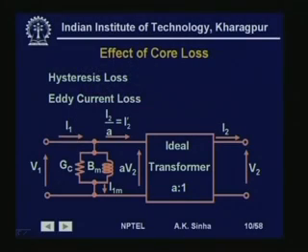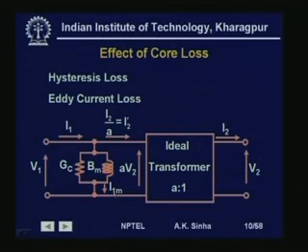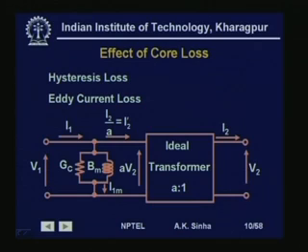Therefore, instead of R C, the resistance, we are writing this as conductance G C to take care of the core losses, and this as B m, the susceptance, to take care of the current for finite permeability. So, the core losses and finite permeability can be taken care of by this kind of circuit, where this current I 1 m is the total current flowing through this parallel path, which denotes the core losses and the finite permeability part of the system.